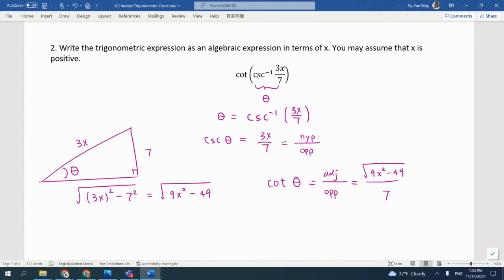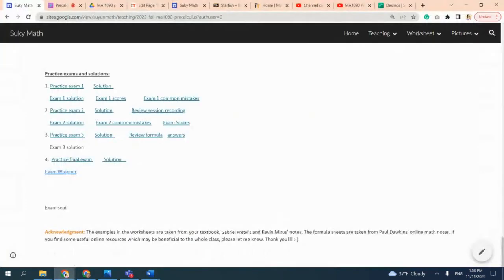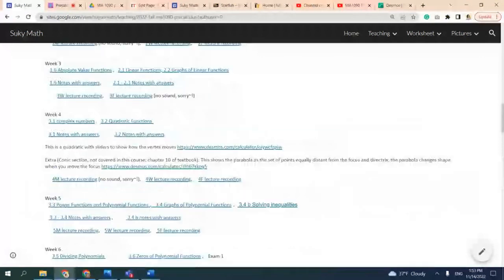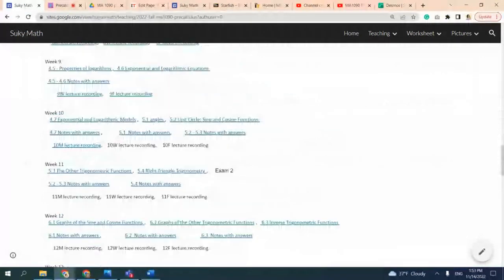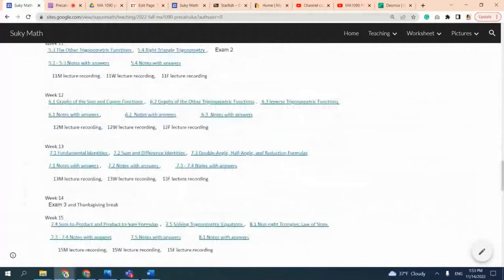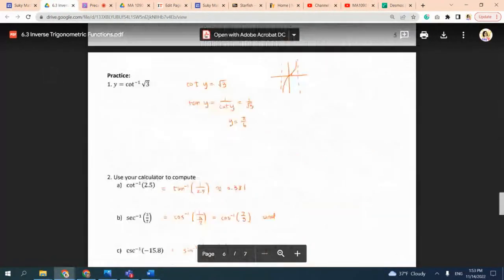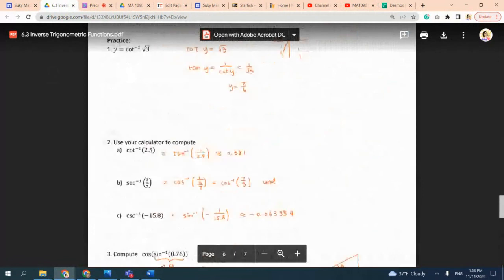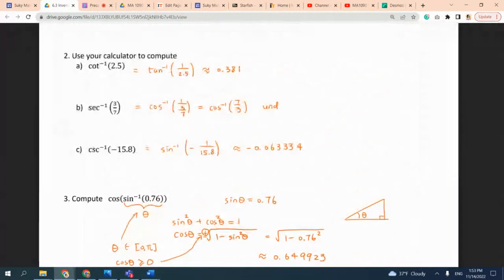All right. We still have a little time. I want to just briefly talk about the other problems in section 6.3. So, how do we compute the inverse trig functions? Well, you know your calculator has arc tangent, arc sine, and arc cosine, right?